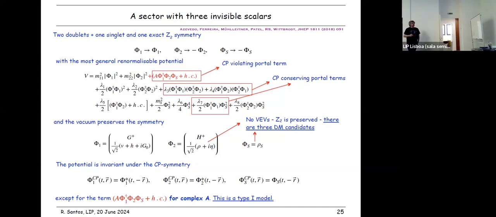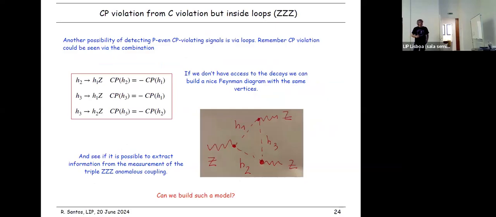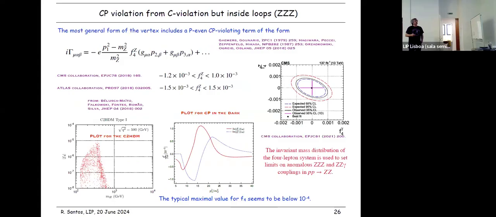So not only can these types of diagrams tell you about CP violation in a normal model, let's say with no dark matter, but they can also tell you about CP violation in a completely invisible sector, okay, because they could still be inside the loops. And so we decided to do the calculation.